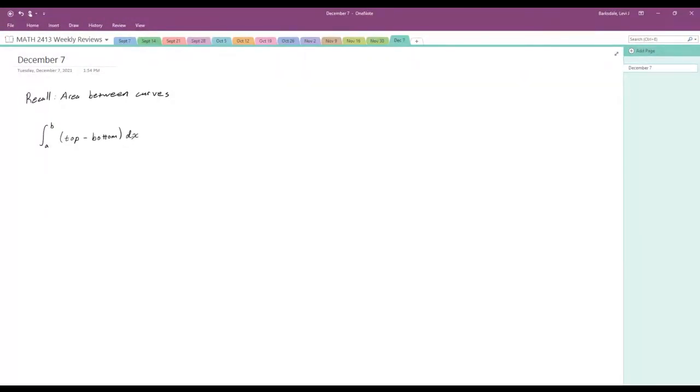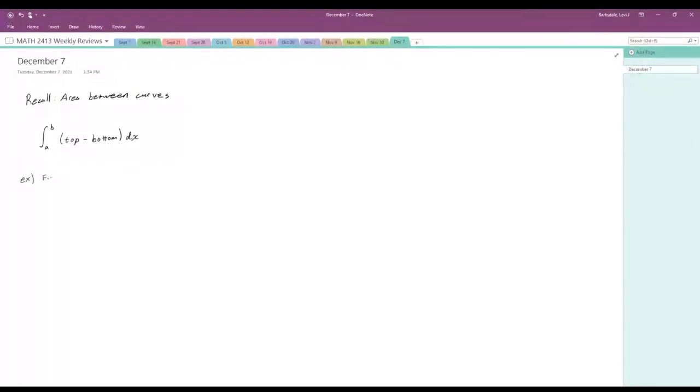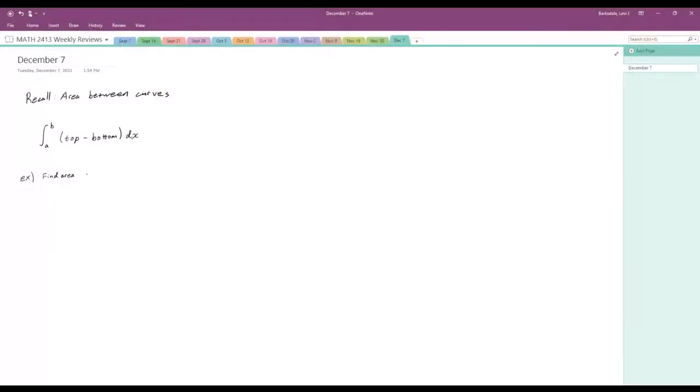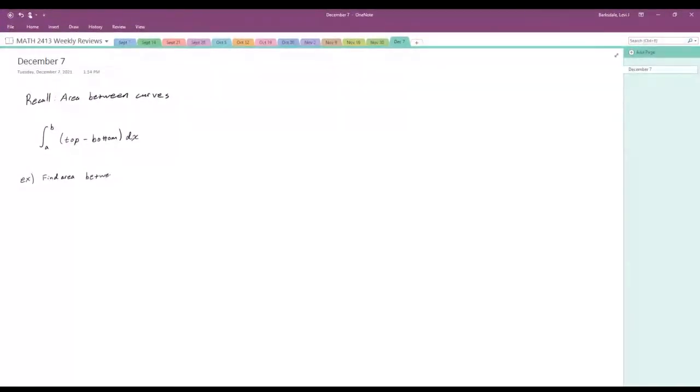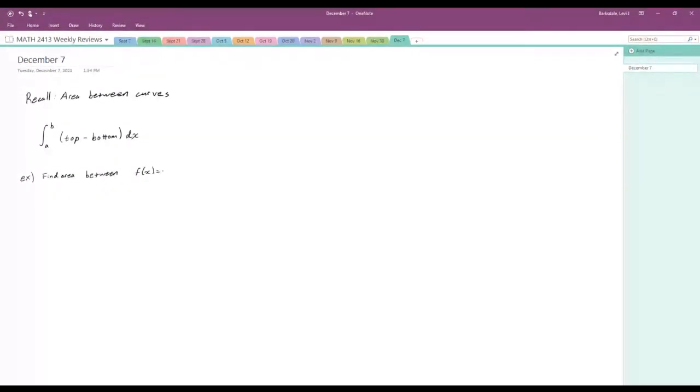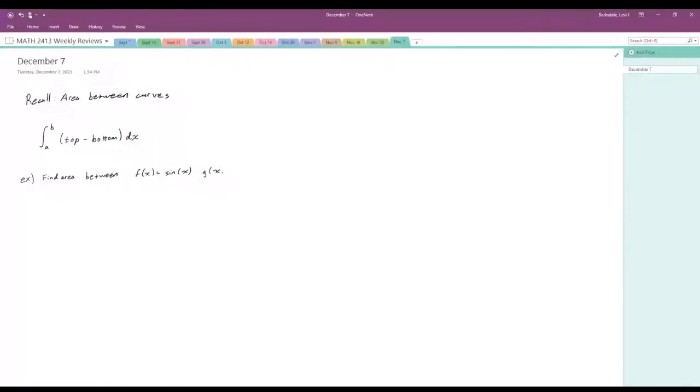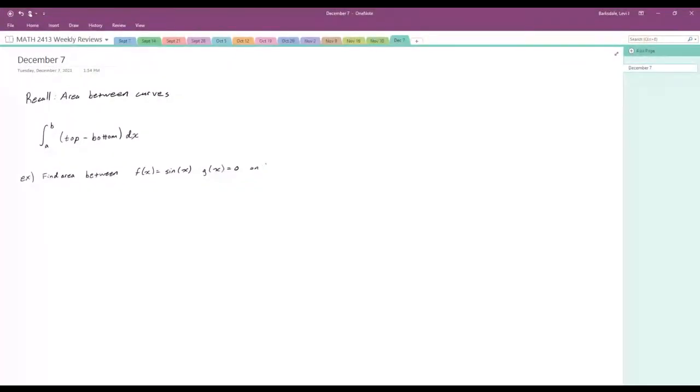So let's do a quick example with this. Let's say we wanted to find the area between f of x equals sine of x and g of x equals 0 on the interval from x equals 0 up to 50 pi.